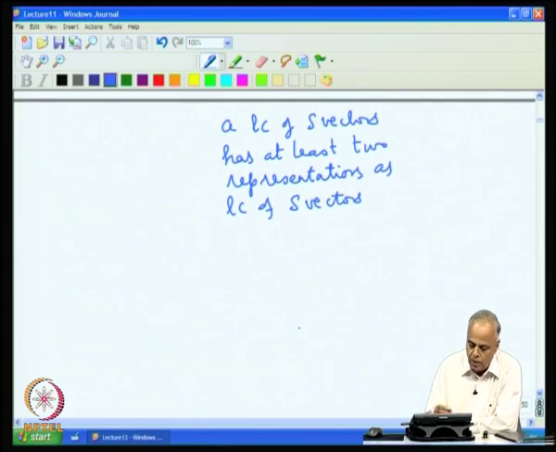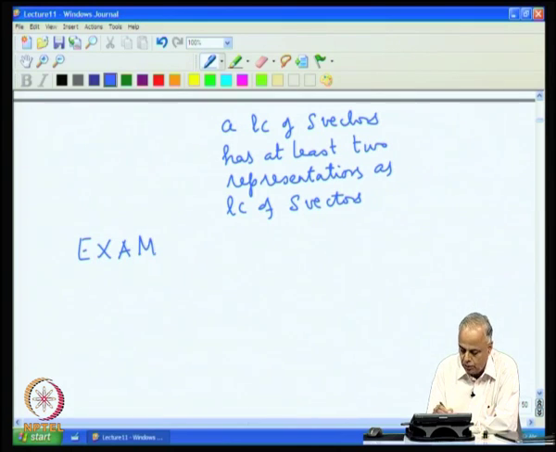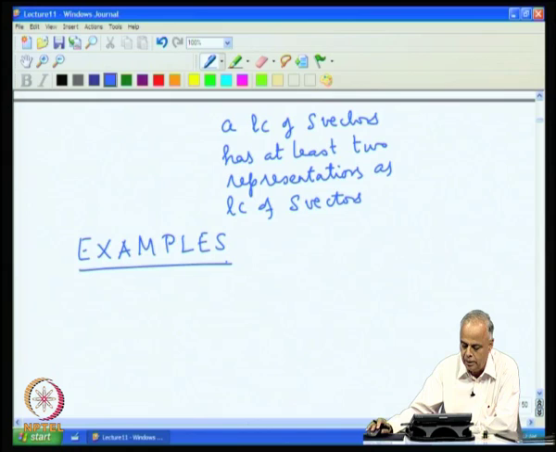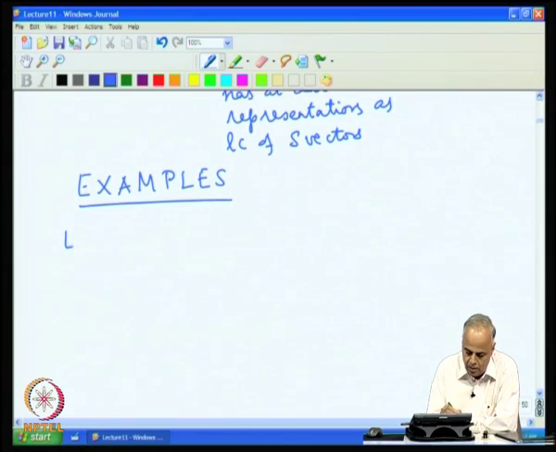We shall first look at some examples of this notion of linear dependence and linear independence.